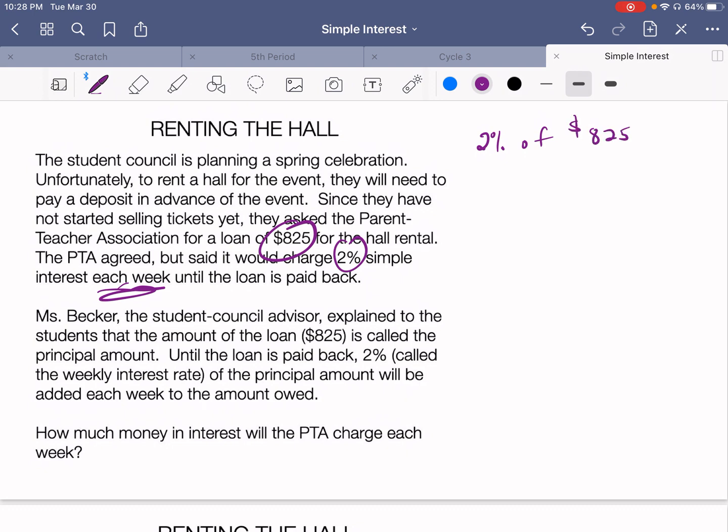You guys are all experts at percents now. Convert this to a decimal: 0.02 of means multiply 825. If we plug that into a calculator, we're going to get 16.5. But remember, it's money, right? So let's answer this in a dollar amount. So 16.5 is really $16.50.